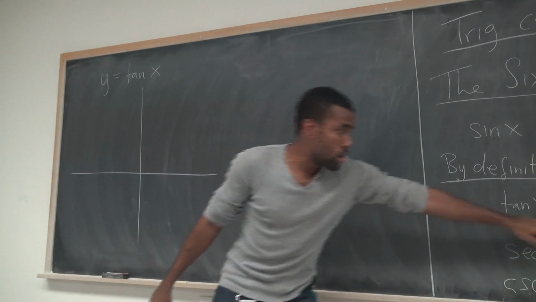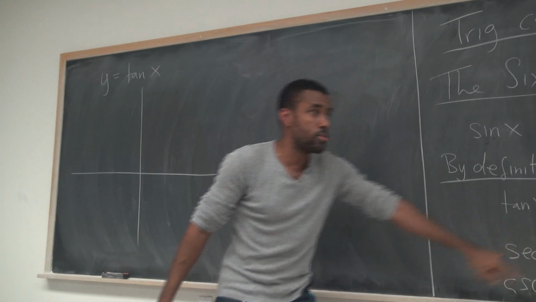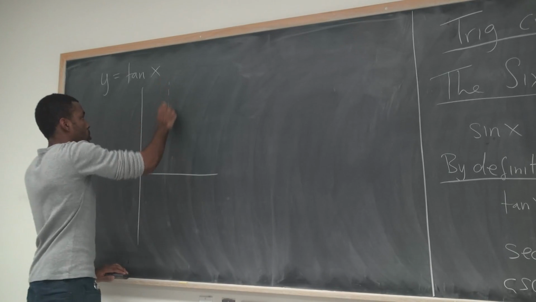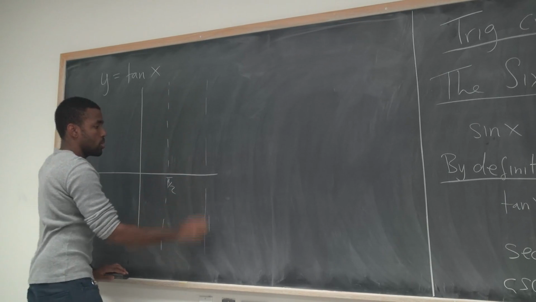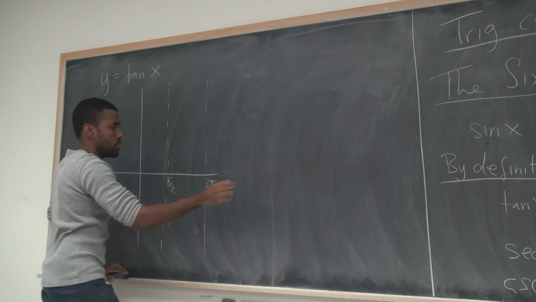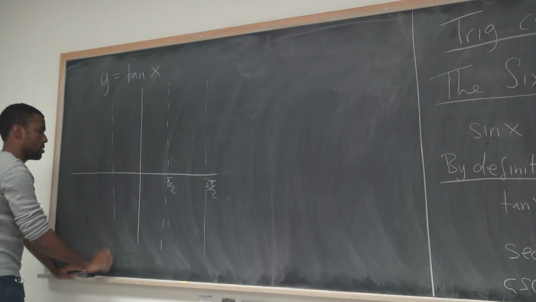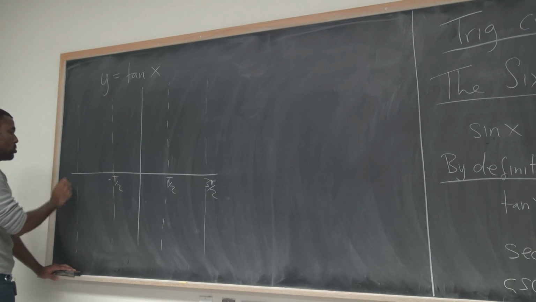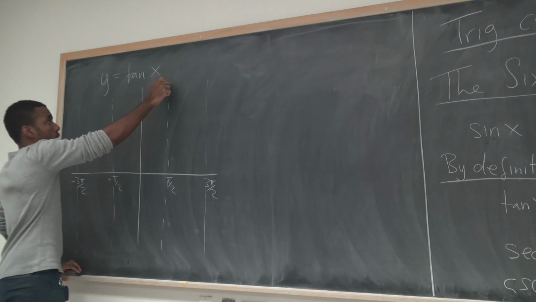Notice that it is sine over cosine, which means whenever cosine is 0, this guy's undefined. Cosine is 0 at every odd multiple of pi over 2. So 1 times pi over 2, 3 times pi over 2, 5 times pi over 2, etc. Also minus pi over 2, minus 3 pi over 2, minus 5 pi over 2, minus 7 pi over 2, etc. And the graph looks like this.